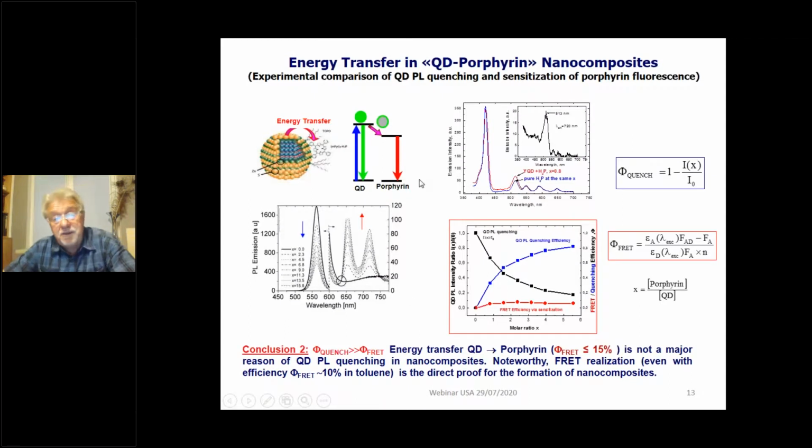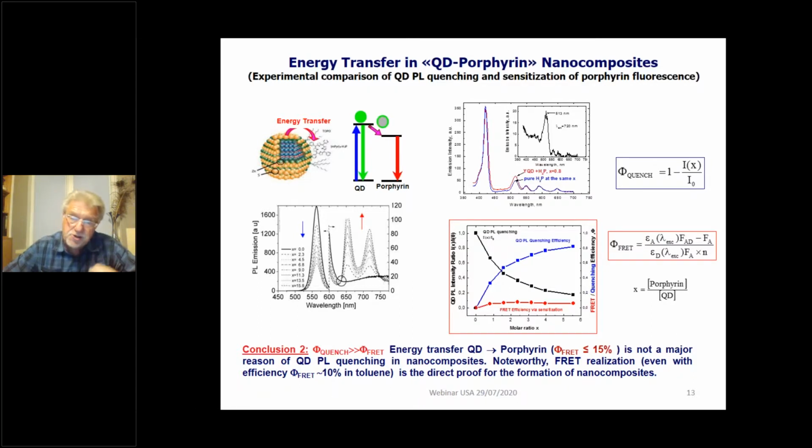Second, upon interaction of a quantum dot with a porphyrin molecule, we may realize energy transfer. We tested the situation, and transfer should take place from the quantum dot to the porphyrin moiety. But detailed experimental analysis has shown that the efficiency of energy transfer, this red curve, is only 10% with respect to the total quenching.